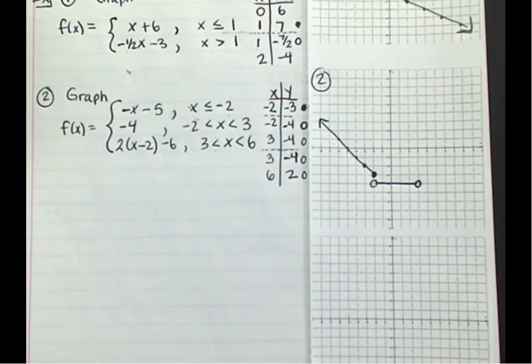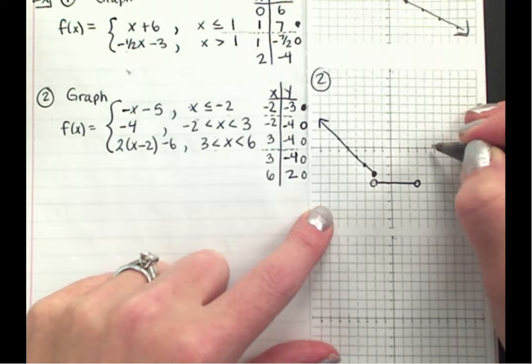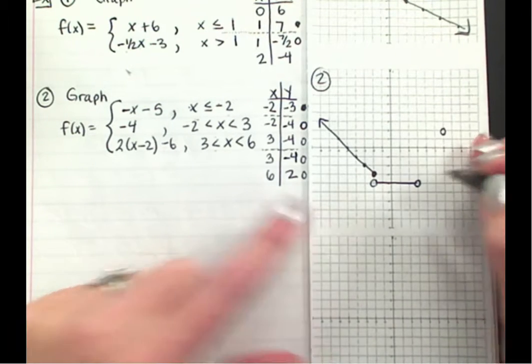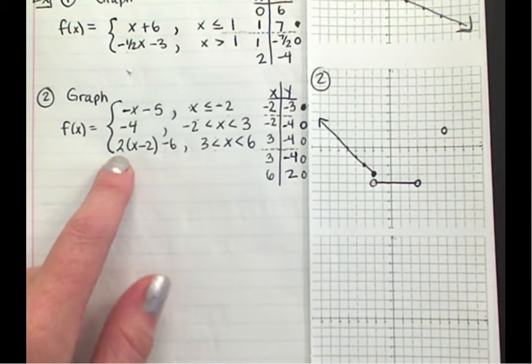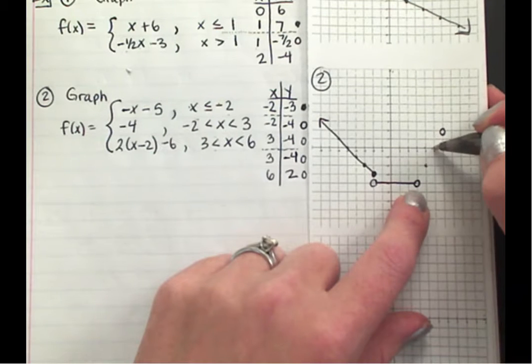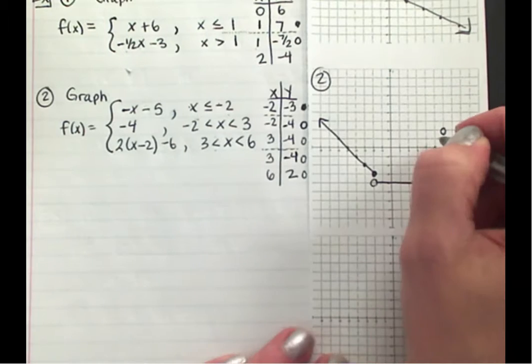It's okay if 2 open points end up on top of each other. It's all right. 6, 3, 4, 5, 6, 2. Now, I can tell by looking at this that the slope is 2. I'm just counting slope to help me draw my line a little bit straighter.